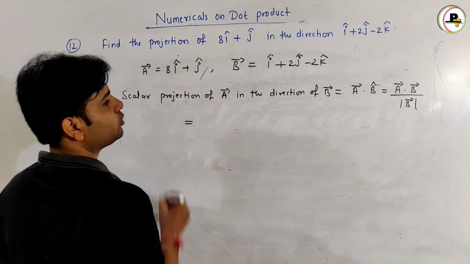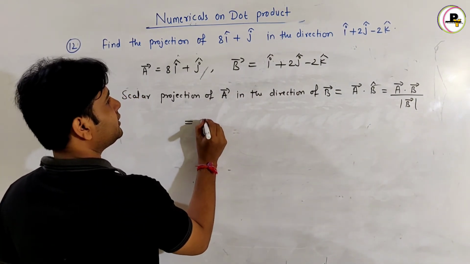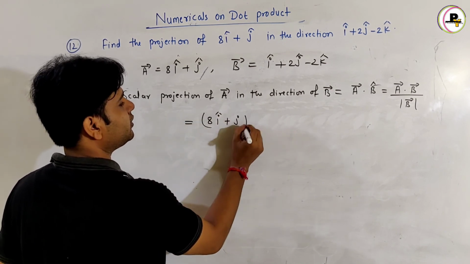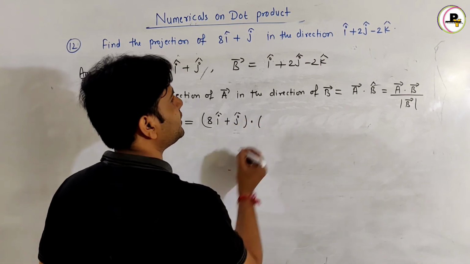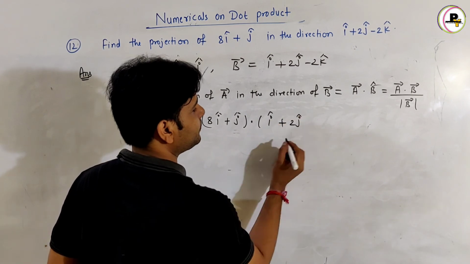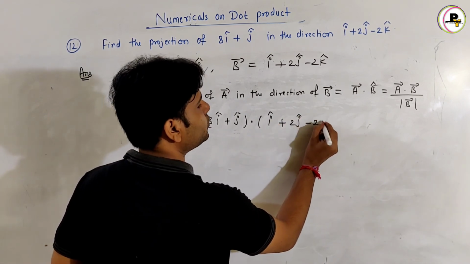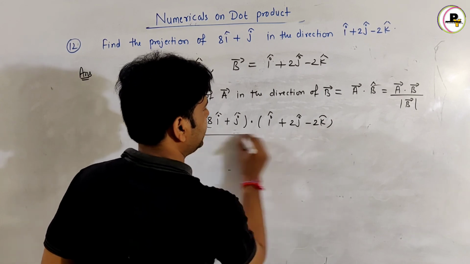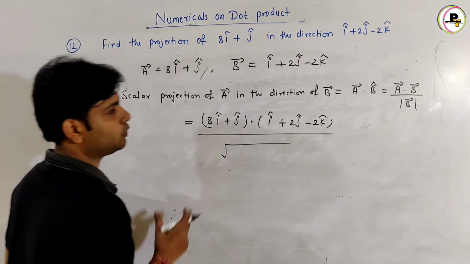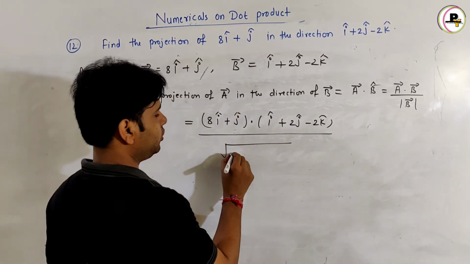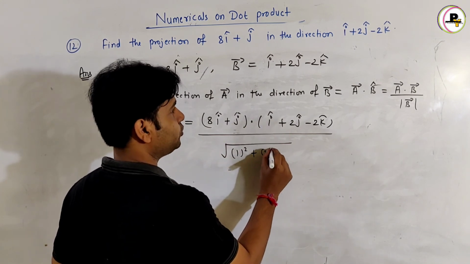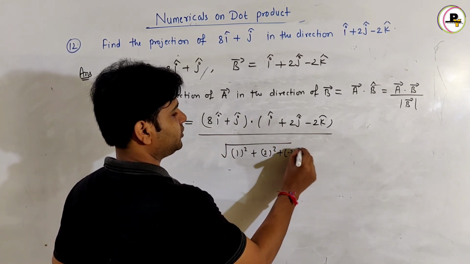Therefore this value is equal to, a vector is what? It is 8i cap plus j cap, dot, what is b vector? It is i cap plus 2j cap minus 2k cap, and divided by square root of, we need to find the mod of b vector, square root of square of 1 plus square of 2 plus square of minus 2.